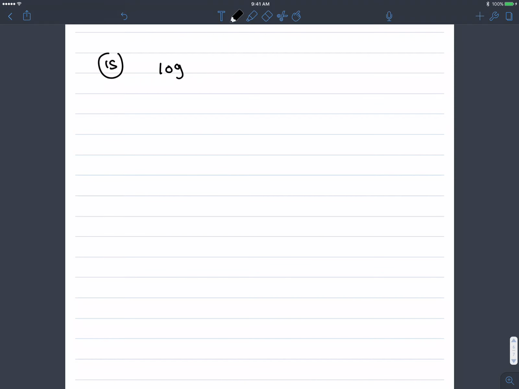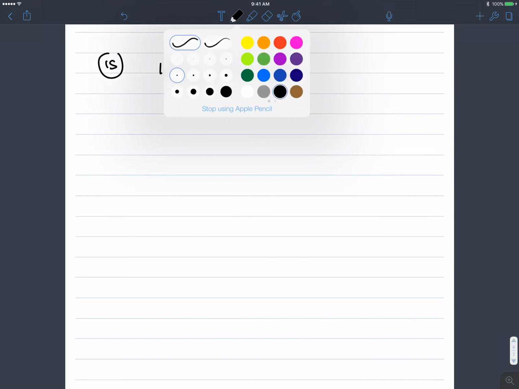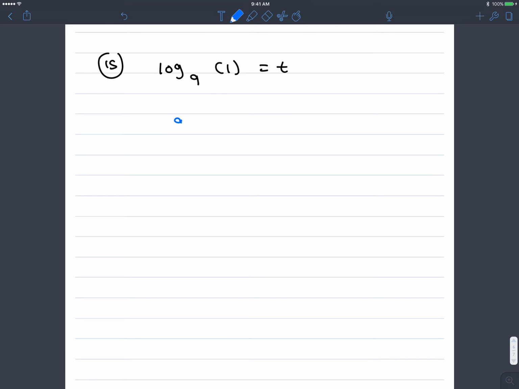We got log base 9 of 1. Now set that equal to t. And when you do, you get 9 to the t equals 1. So remember what we said, that on the right side here, I'm going to use properties of my exponentials.